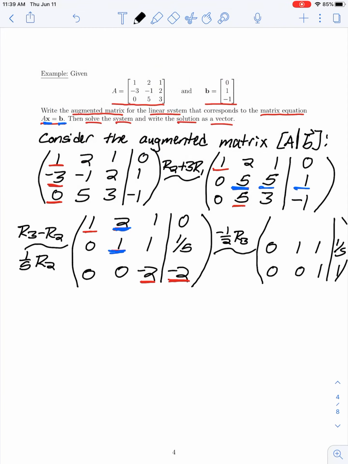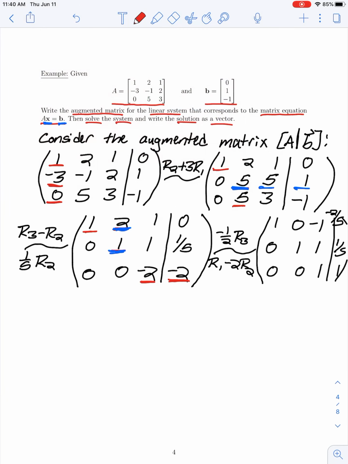So here, to kill off that entry of 2, I could take my first row minus twice the second row, which would give me 1 minus 0, 2 minus 2 is 0, 1 minus 2 is negative 1, and then 0 minus 2 times 1/5 gives me a negative 2/5 here. So let's see if I can smash that in here. We've got a negative 2/5 on that right-hand side.